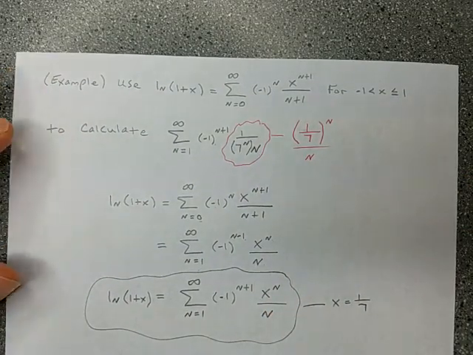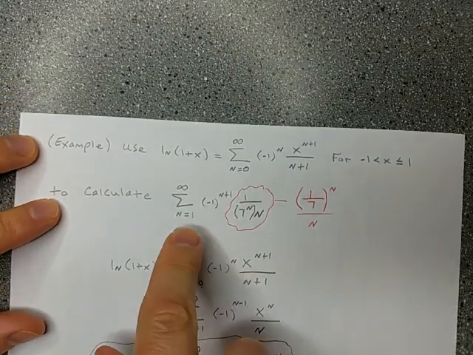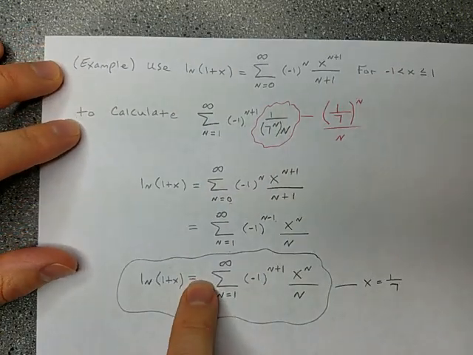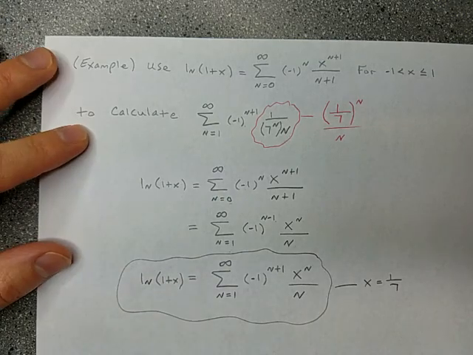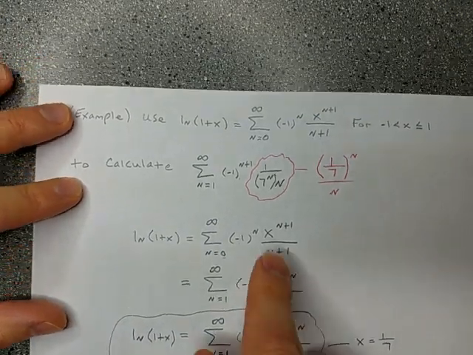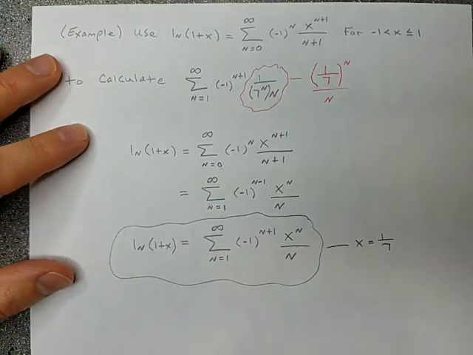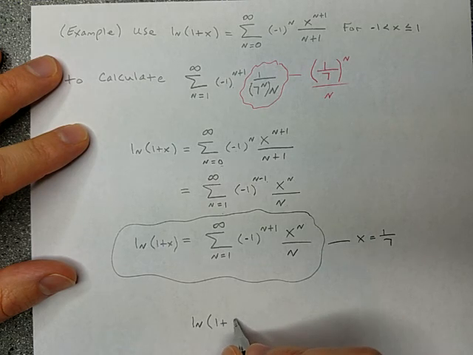So we got it. Then, if I put 1 over 7 for x right there, that's this series that I was initially trying to calculate. That's going to be equal to natural log of 1 plus 1 over 7. So that thing right there, I was trying to calculate. This series, its grand total, is going to be natural log 1 plus 1 over 7.